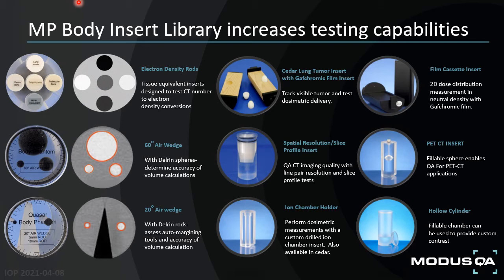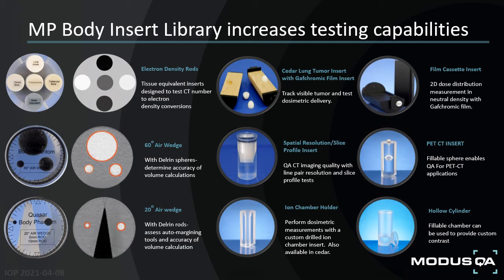This is also particularly useful in determining the geometric accuracy of patient anatomy in a 3D viewer. However, most notably, because this insert also does contain this air wedge located between the 2 rods, as you can see here, you're actually able to assess their automatic margining tool by simply creating a 2 cm margin around the air wedge and then checking to see if it actually matches the phantom geometry.